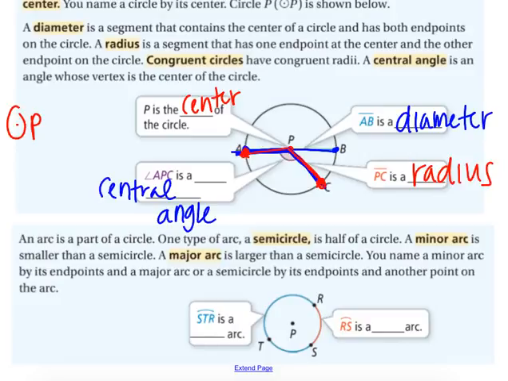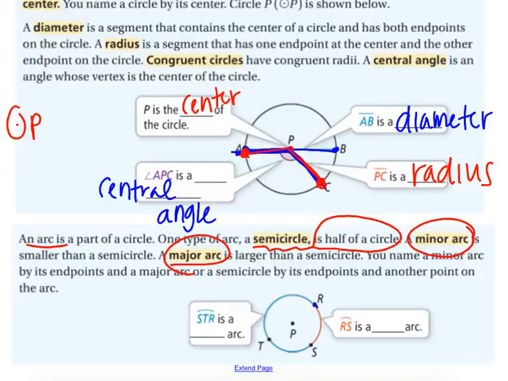Some more parts of a circle are arcs, and we have different kinds of arcs. We have a major and a minor arc. A minor arc is smaller than a semicircle, and a semicircle is half a circle, okay? So let's look here.